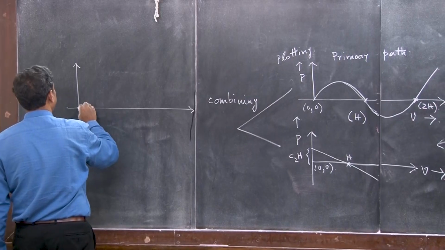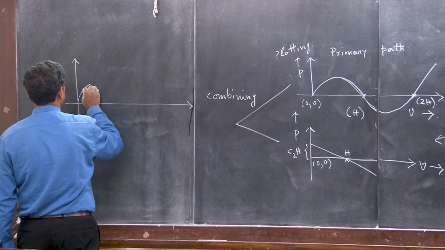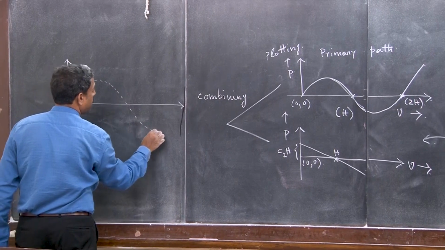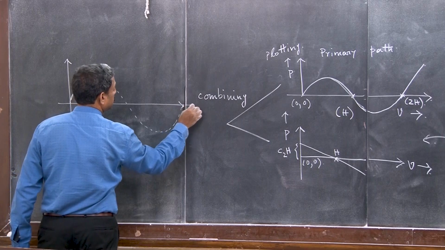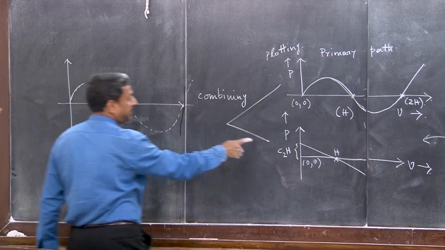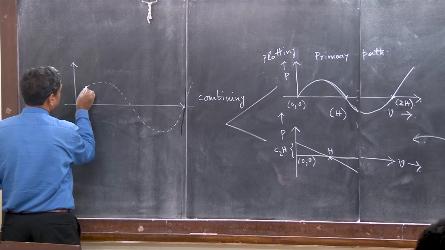It will look like, well, I will just draw it, and then from here C2 into H, from C2 into H means from here I am going to do this one.